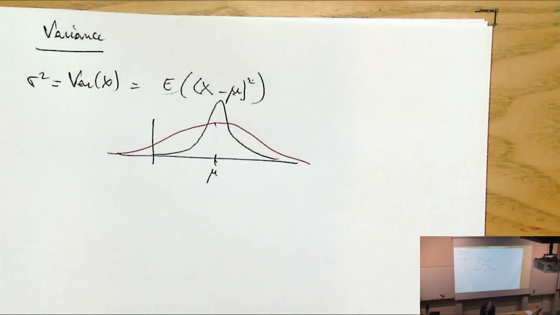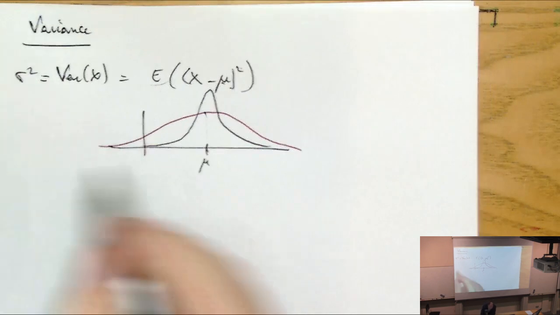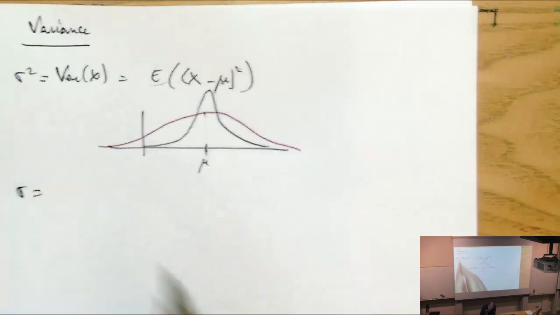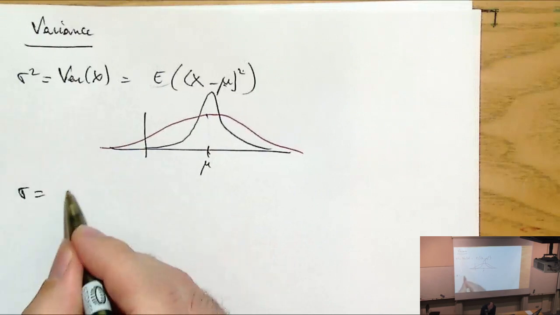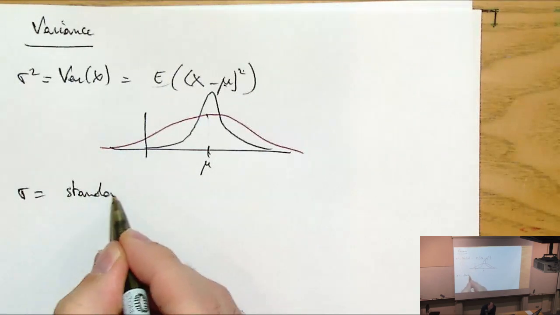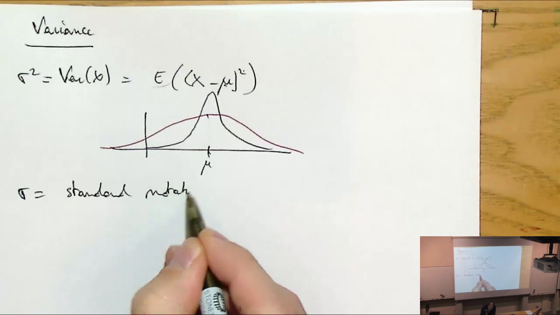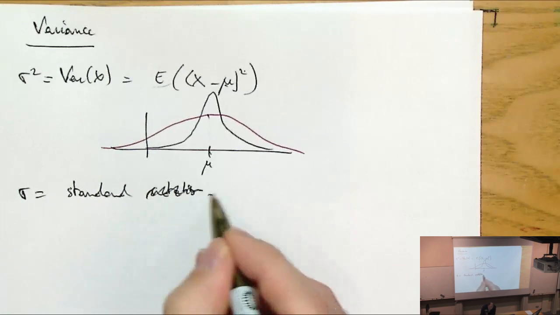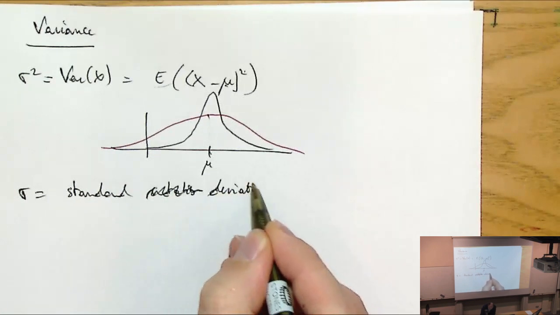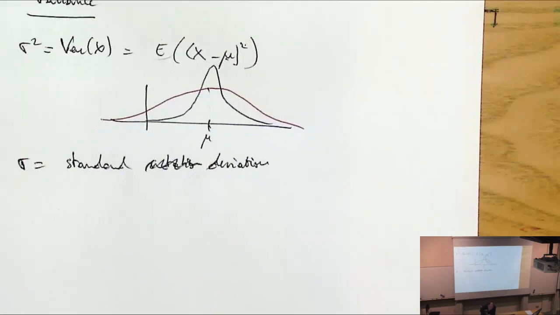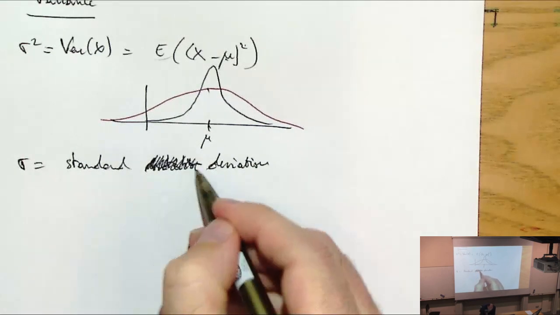So the variance of the red distribution will be larger. So sigma, which is the square root of this, is still the standard deviation. Same quantity, same notation as standard deviation, same terminology as what we had with discrete random variables.